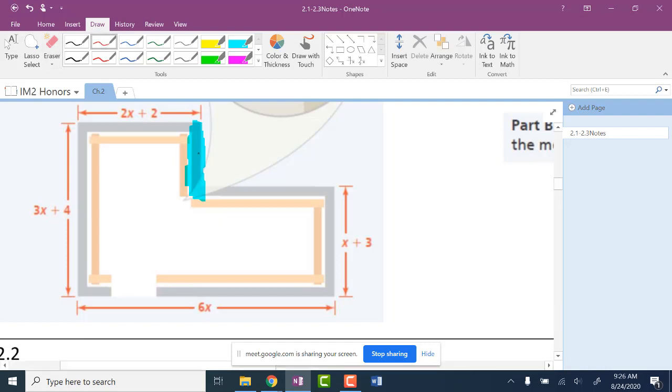So before I figure out how much molding I need in terms of x, we have to find what this side is. And there are clues to figure out what that is. I have this whole side, which is 3x plus 4, and then I have, let me pick a different color, this whole side, which is x plus 3.